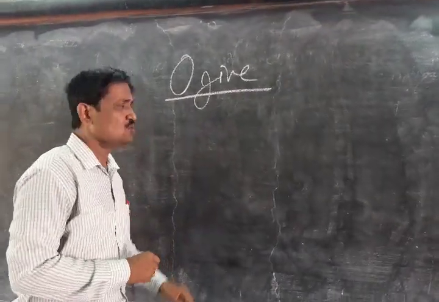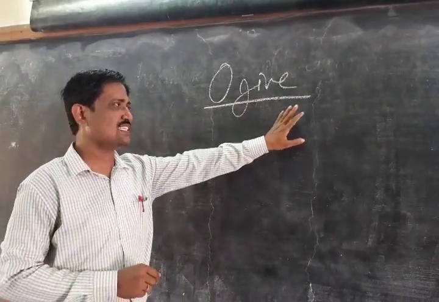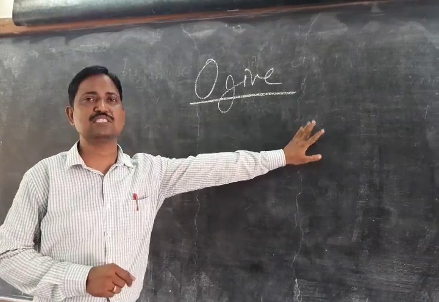So you may say Ogive is a graphical presentation of cumulative frequency distributions.